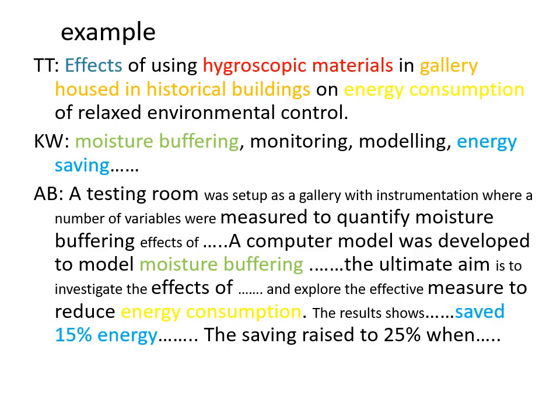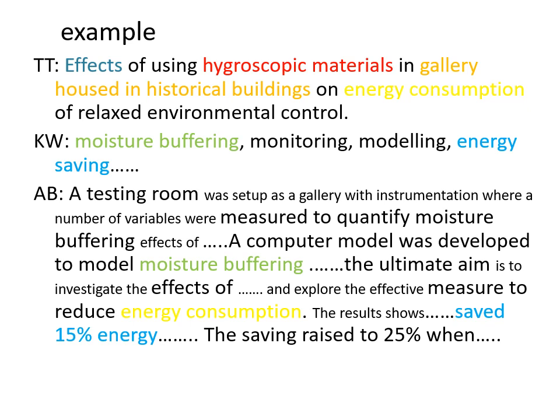this example. The title: Effects of using hygroscopic materials in gallery-based historical buildings on energy consumption under relaxed environmental control. All the words in the title are keywords. For instance, hygroscopic material is the material being investigated.